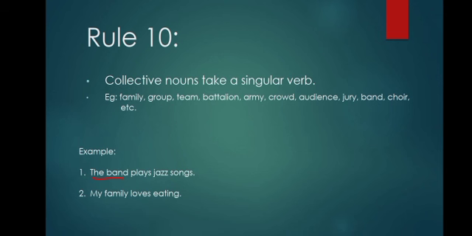So in a sentence, we have to use a singular verb as well in mentioning them. For example, Super Junior is my favorite K-pop idol group. So a collective noun must always have a singular verb as well.